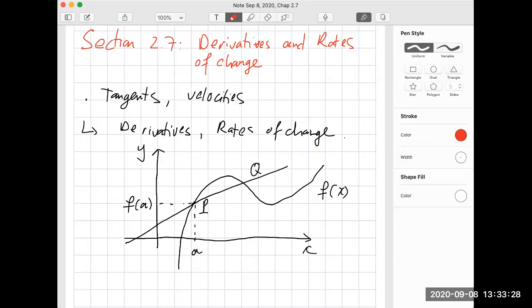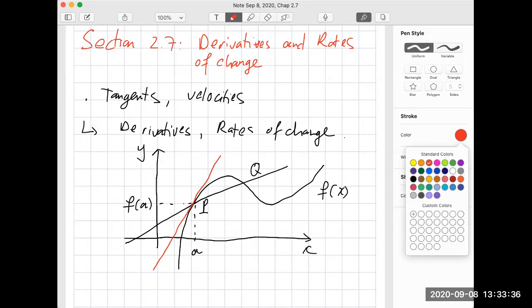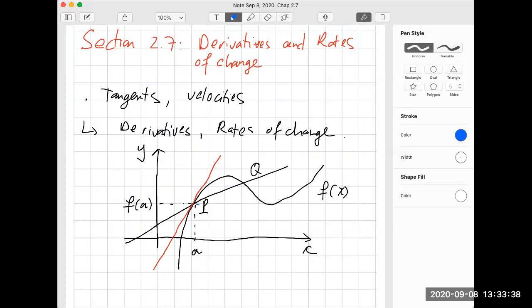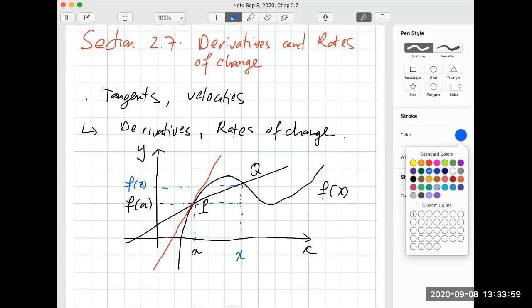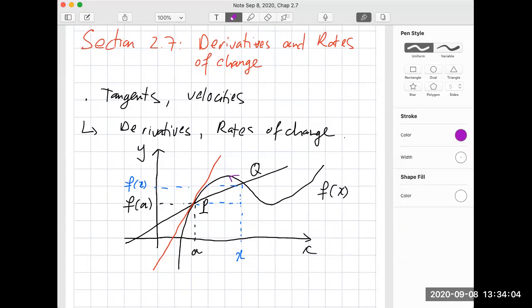And this line, the red line here, is a tangent line. Suppose the position of Q is at x and f of x. We see that as x comes close to a, Q will come close to P, right? In this way.